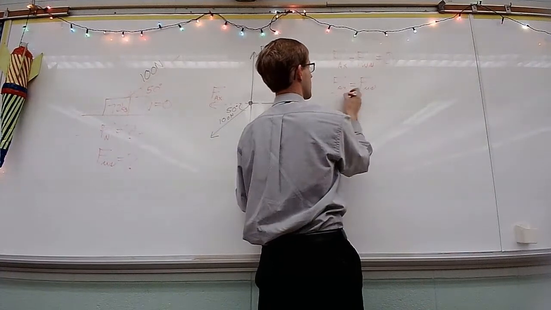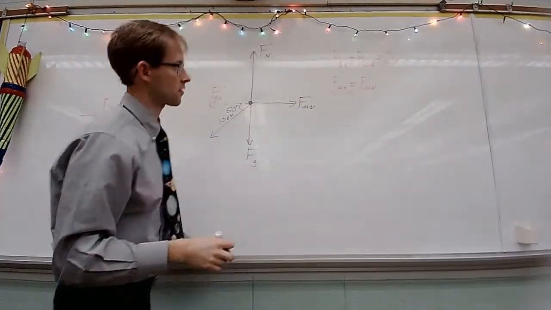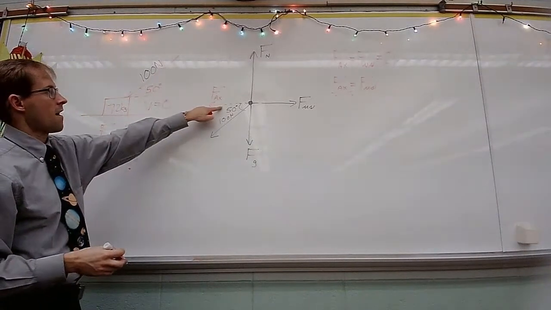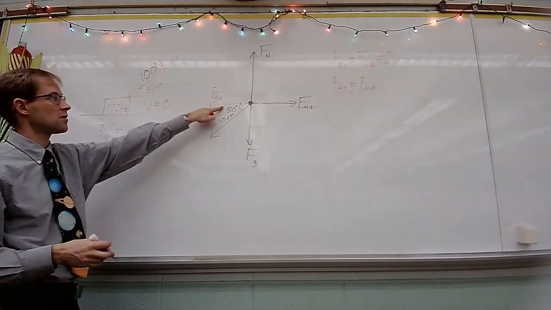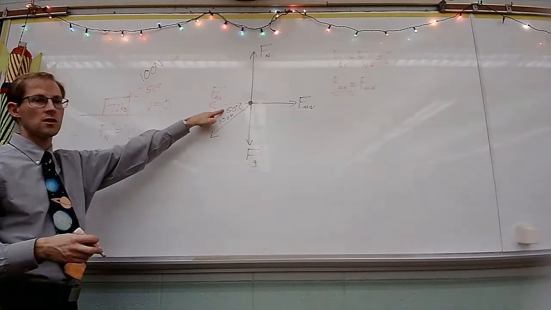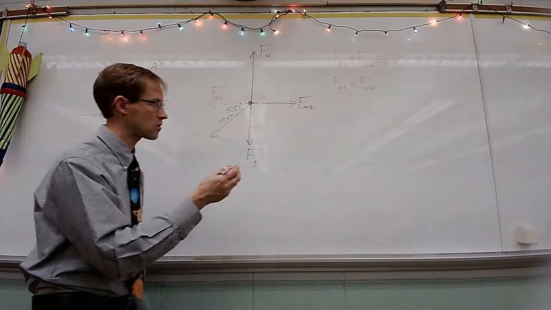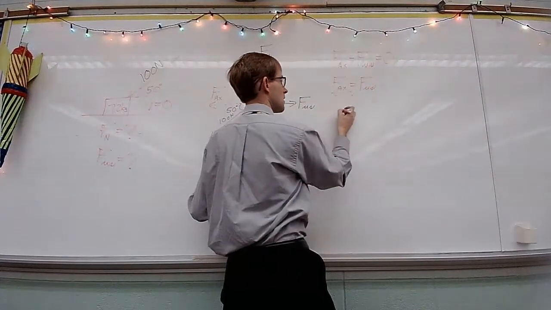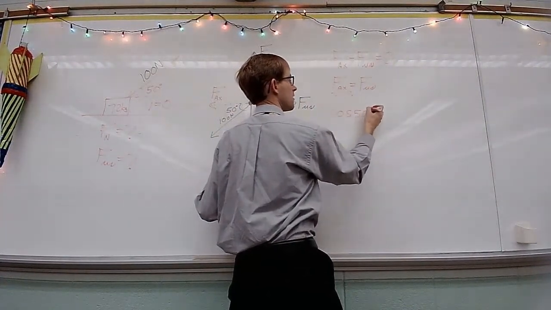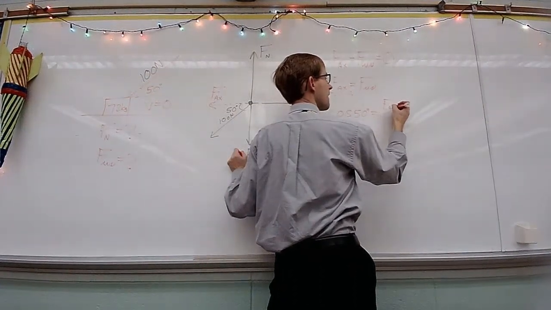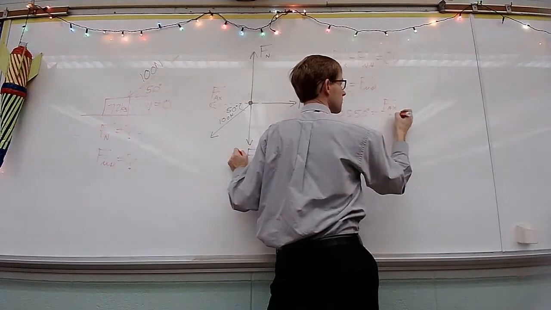So now I just got to solve for the applied force in the x direction, which is another SOHCAHTOA bit. Applied force in the x direction is the adjacent side of this 50-degree angle. And if it's adjacent, your mind should immediately go to cosine, because the cosine of an angle is equal to the adjacent side over the hypotenuse.